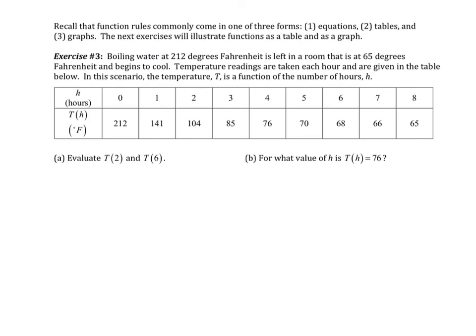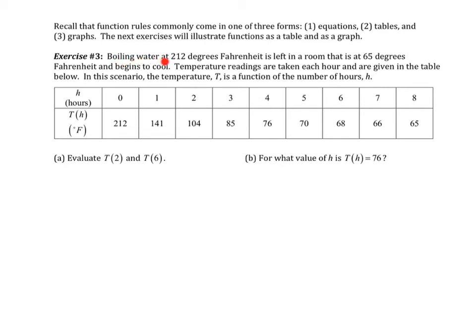Okay, for the next example, we're reminded that function rules commonly come in one of three forms: equations, which is what we just dealt with in the first two exercises, tables, and graphs. The next exercises will illustrate functions as a table and as a graph. So the first one we're going to look at, number 3, is looking at it as a table of values.